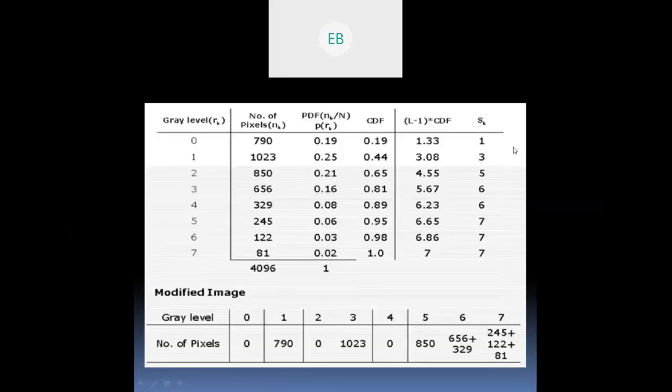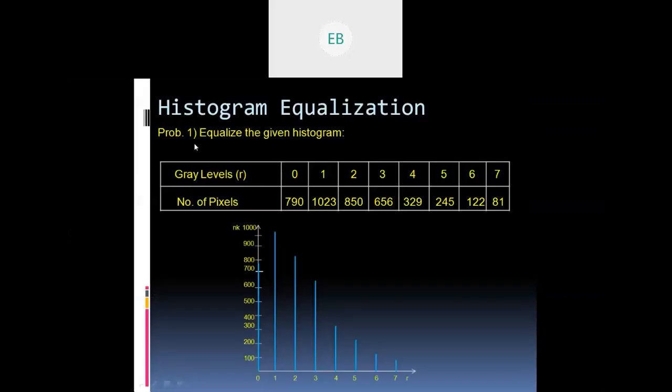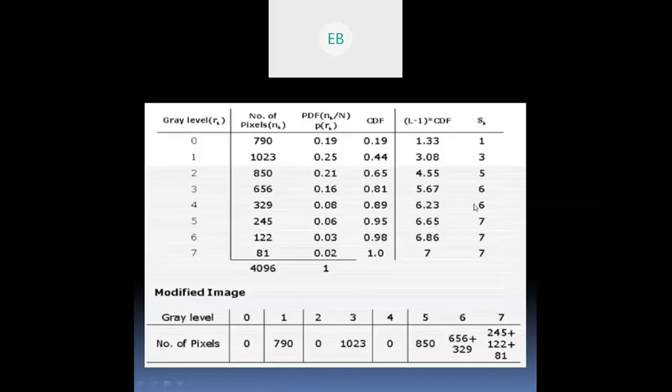Okay, so this is the number of pixels at each intensity level for the input image. So in the output image, when we calculate the probability and the cumulative distribution function, the output intensity level changes. How? Say this 790 was denoted for gray level 0.